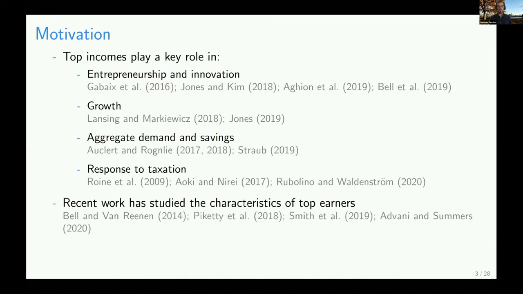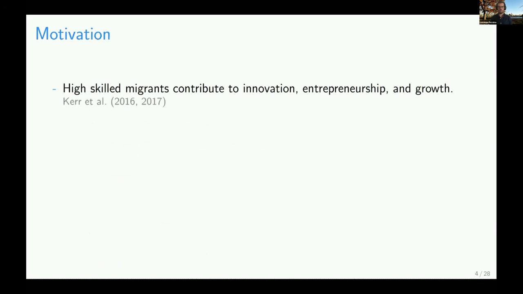Moreover, recent work has also studied the characteristics of individuals at the top of the income distribution. However, this work has been unable to distinguish between natives and migrants, a distinction that we are going to show today is quite relevant to understand the trends in economic inequality in the UK over the past 2 decades.